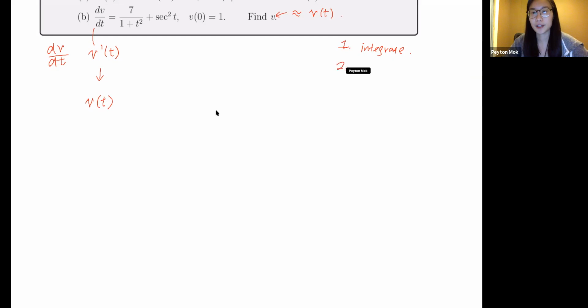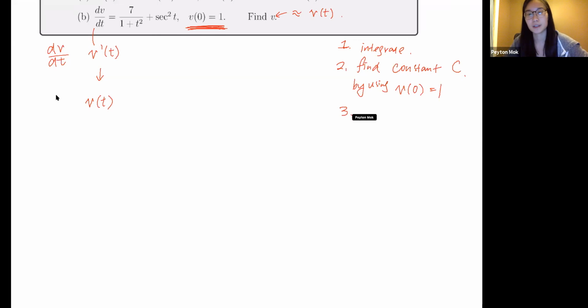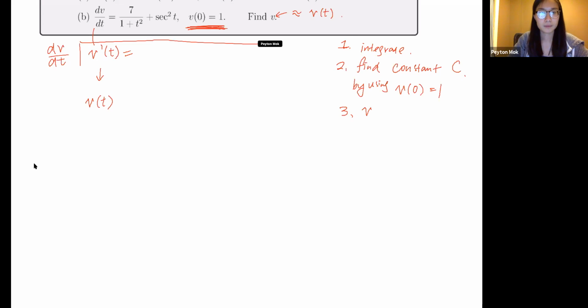The second step is to find your constant value by using whatever they gave you here, v of 0 equals 1. And the last step is expressing v in terms of t. All right, so now we have v prime of t equal to this function right here.